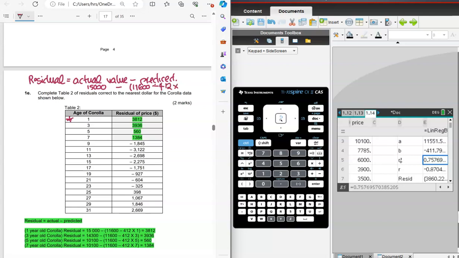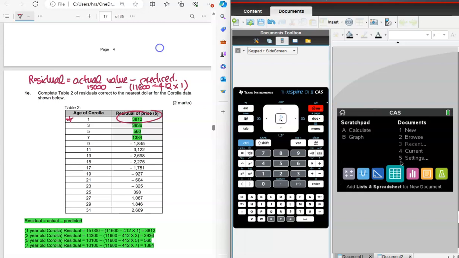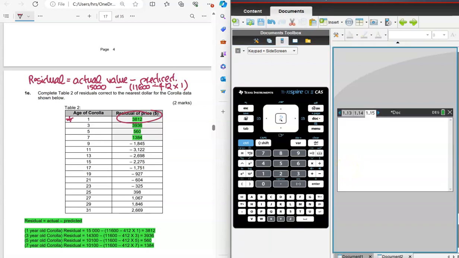Now this is a 1-year-old car, so you just go 1, and then here's how we get the predicted. So you have to just do it individually. So if I go 15,000 minus, and now put the predicted one in side brackets. So 412 times 1, and then here, so there's where I got that 382. So you have to do that for the 4 times using that.